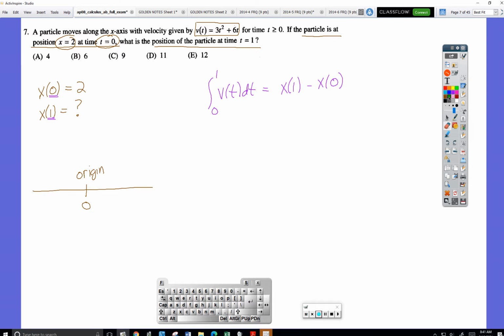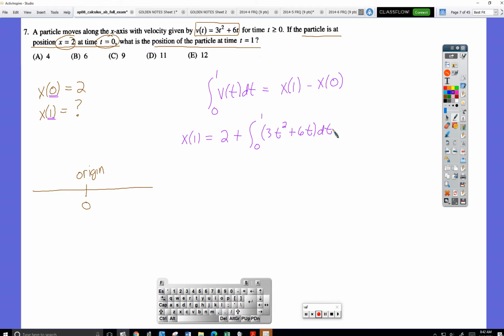Therefore, x of 1 must equal x of 0, which is 2, plus the integral from 0 to 1 of the velocity. And the velocity is 3t squared plus 6t. Like that.